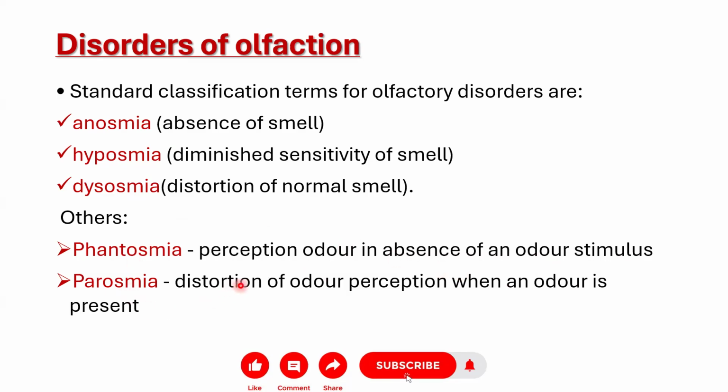And then parosmia is distortion of odor perception: the odor is present, but the perception is distorted. The five most common ones are anosmia, hyposmia, dysosmia, phantosmia and parosmia. You can go through them at your own time, maybe for general knowledge.